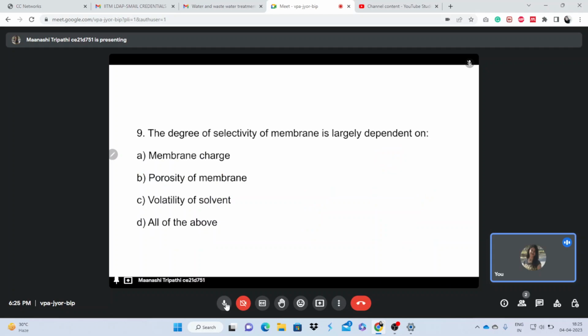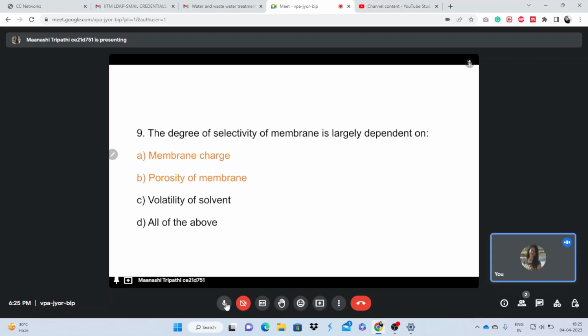The next question is, the degree of selectivity of a membrane largely depends upon what? The membrane will pass something but others won't. So on what factor does it depend? The membrane charge, porosity, volatility, or all of the above? The answer is membrane charge and porosity of the membrane.